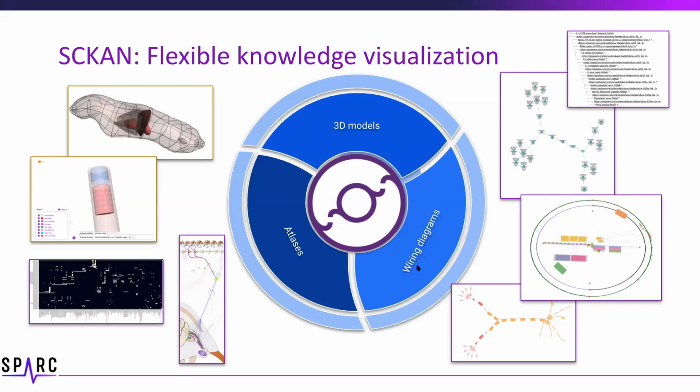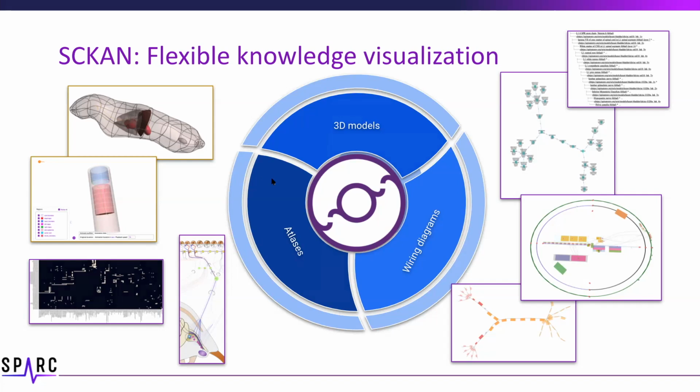But I do want to bring back the power of the knowledge base for the SPARC project, because as I mentioned before, there are modeling and simulation components to SPARC that will allow people to take SPARC datasets and also knowledge that are contained in the SPARC knowledge base and actually perform in silico biology on this information.